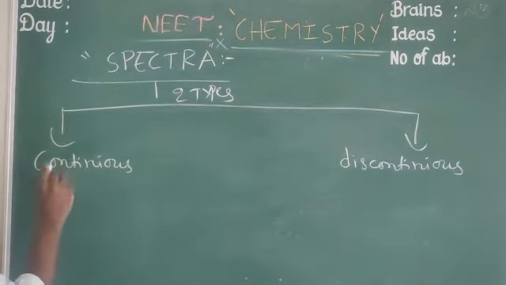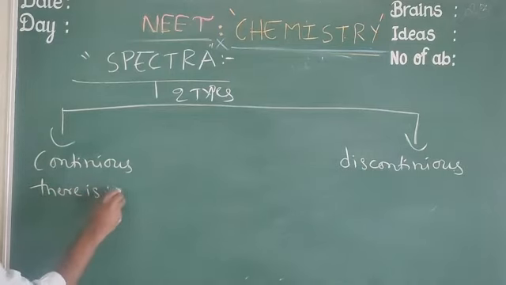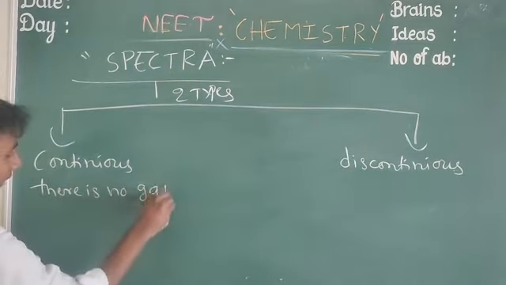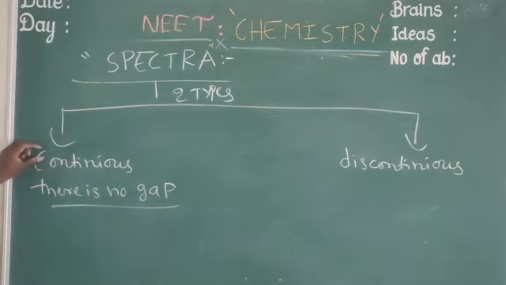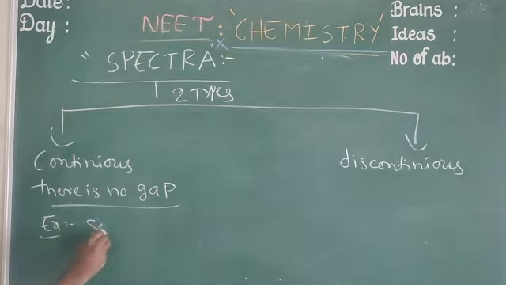When one color merges with another color, there is no gap. That is called continuous spectrum. Best example, sunlight.